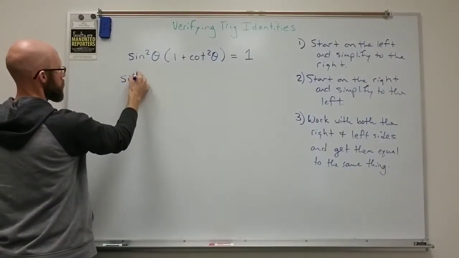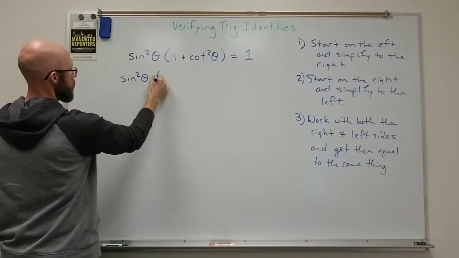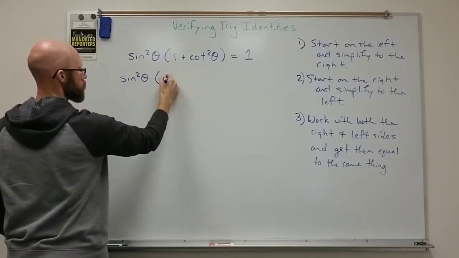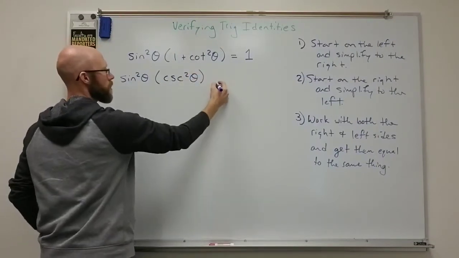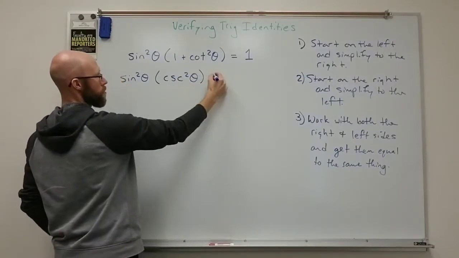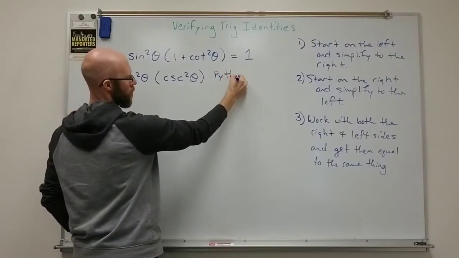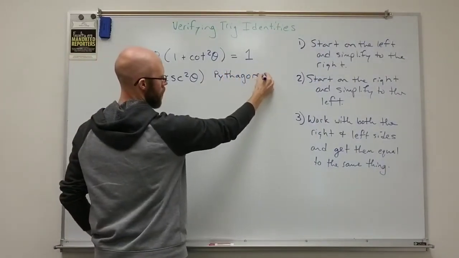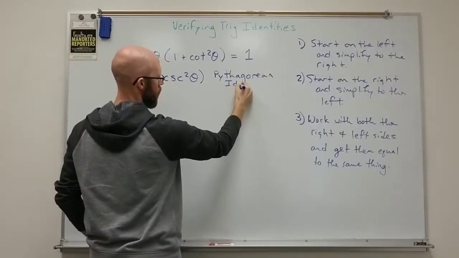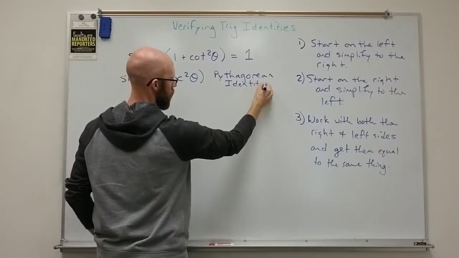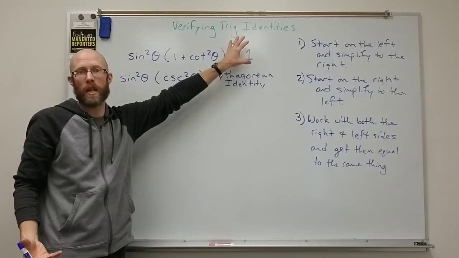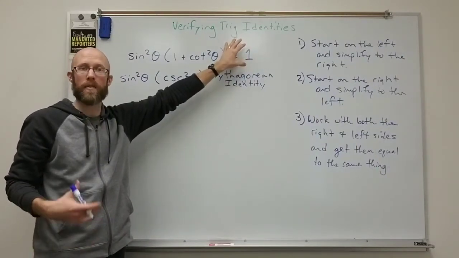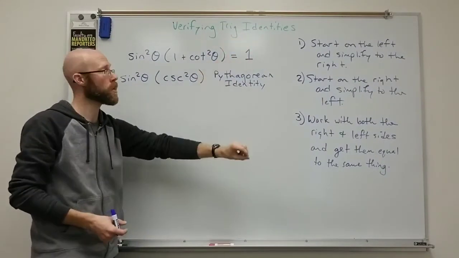We could say the sine squared theta times this thing is equal to the cosecant squared theta, and that's using a Pythagorean identity. And notice on that, I did not write the equals 1. I don't know that it equals 1 yet, okay? So we have to prove that. That's what we're trying to prove.